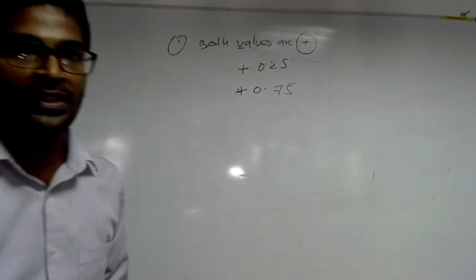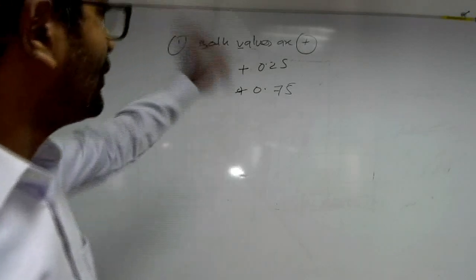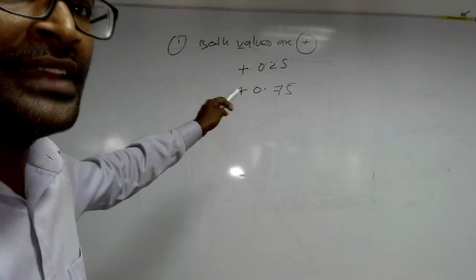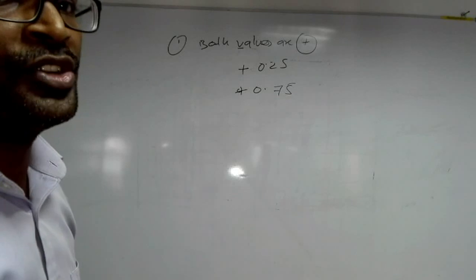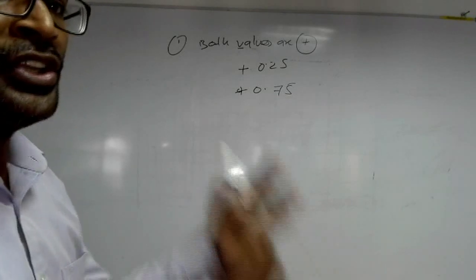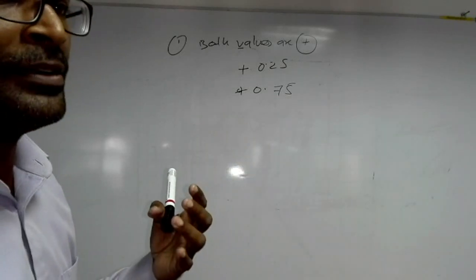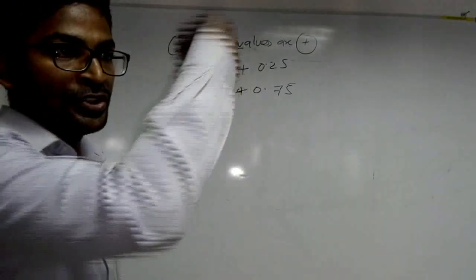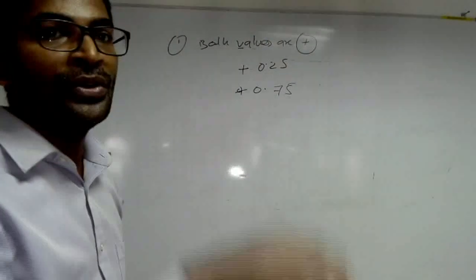Then you have to decide which one is the anode or cathode, or which one is the oxidation part and reduction part. According to the electrochemical series, at the top there is a negative electrode potential.